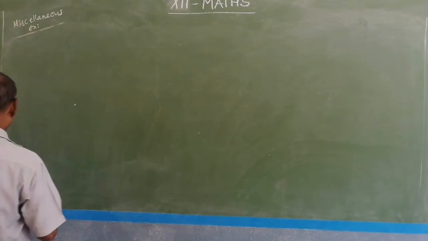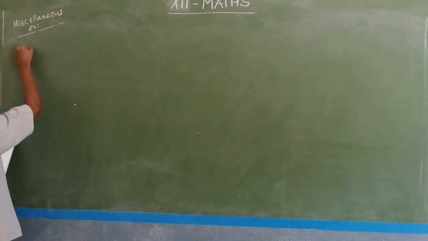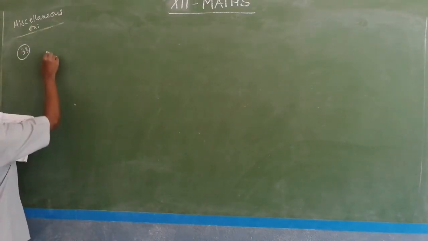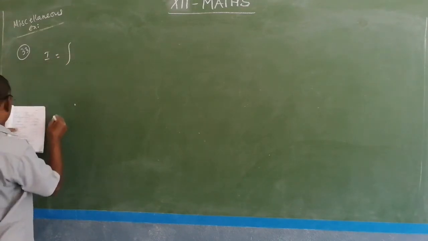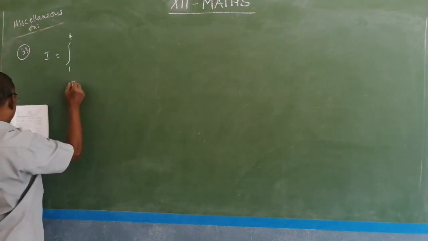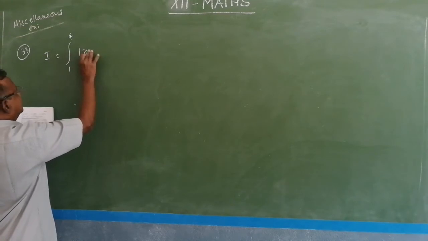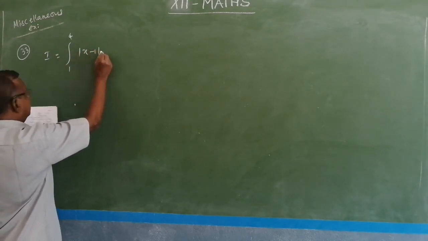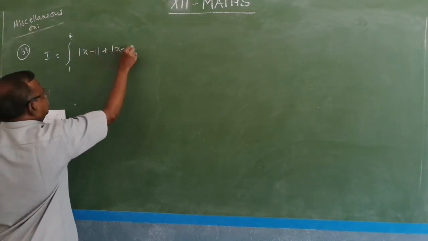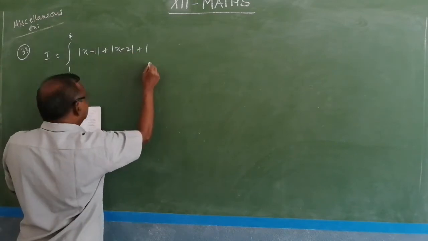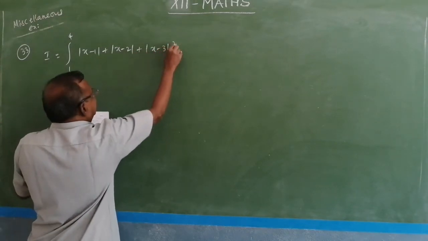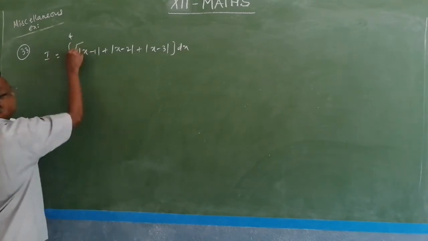Next, question number 33. Let I equal the integral from 1 to 4 of modulus of x minus 1 plus modulus of x minus 2 plus modulus of x minus 3 dx.